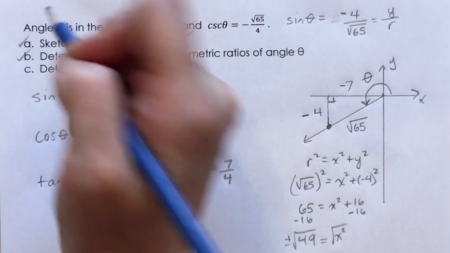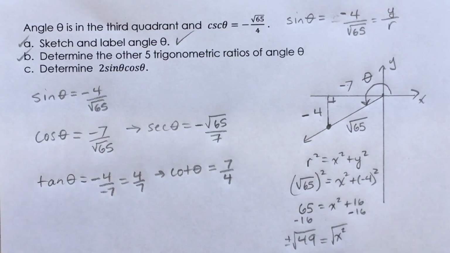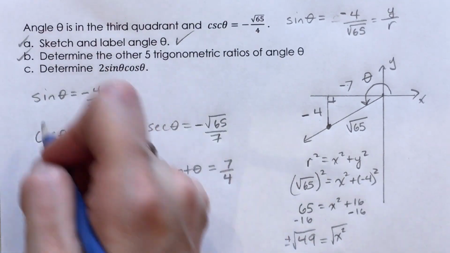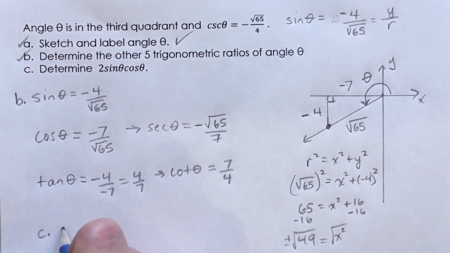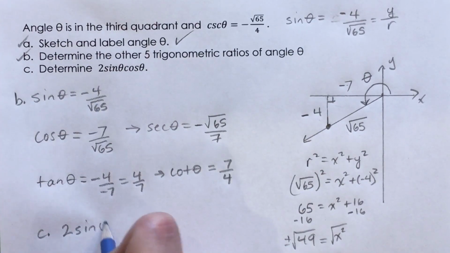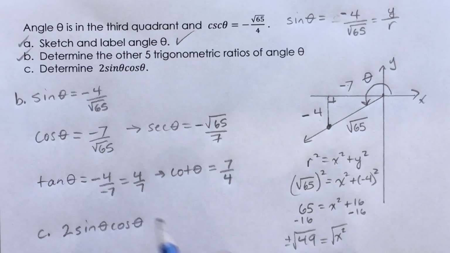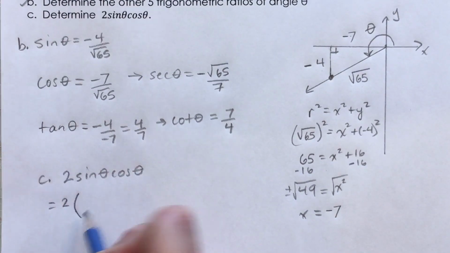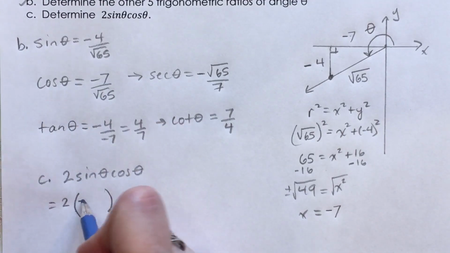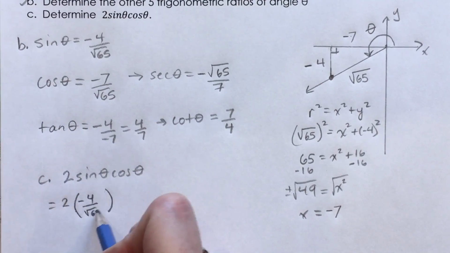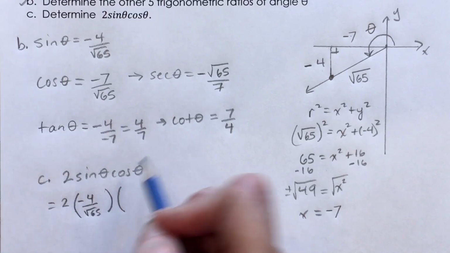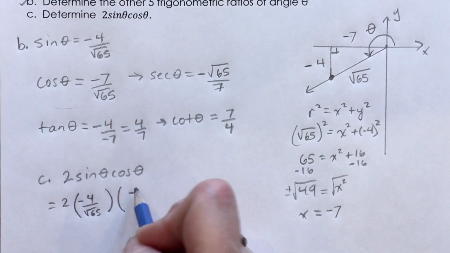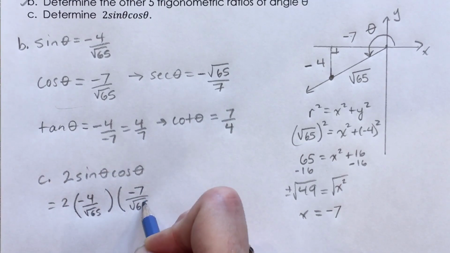So we've done A and B. C says determine 2 times the sine of theta times the cosine of theta. All right, so we can replace sine of theta with negative 4 over the square root of 65. And we can replace cosine of theta with negative 7 over square root of 65.